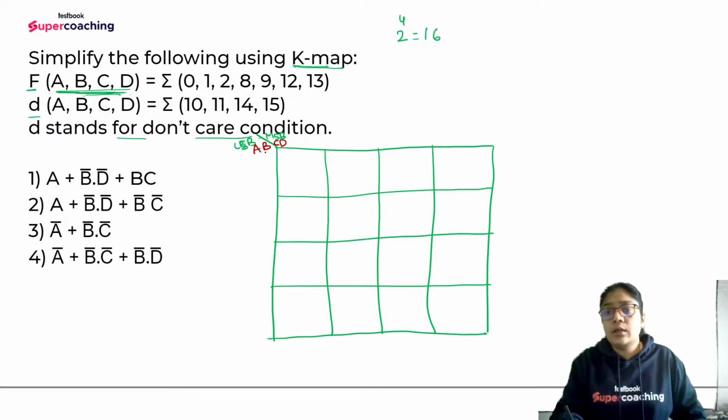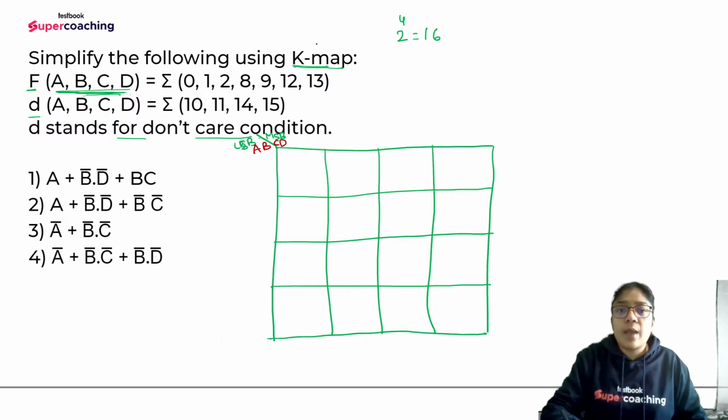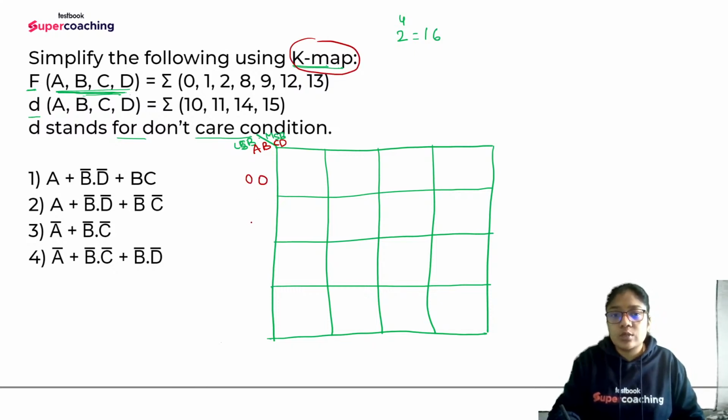With AB, again 4 combinations are there, and we know that K-map uses the gray coding scheme. So the values are 0 0, 0 1, 1 1, 1 0. Gray code means unit distance code. Similarly, this is 0 0, 0 1, 1 1 and 1 0. Since the options are given in the SOP format, we will write this in the SOP.